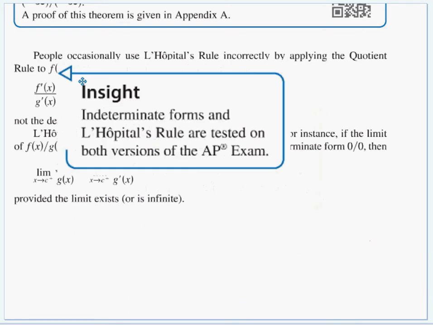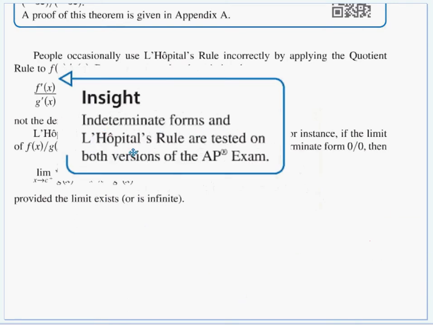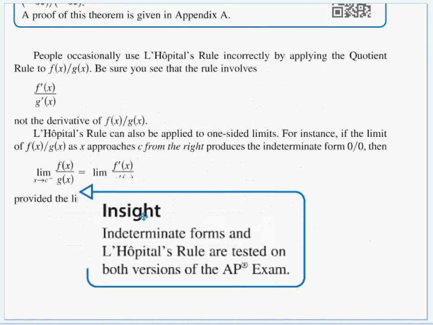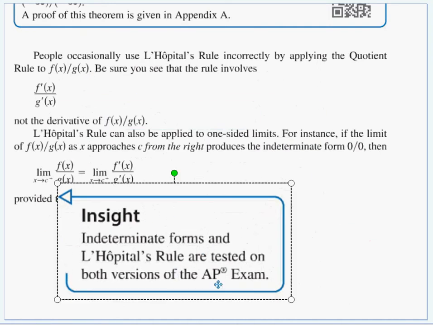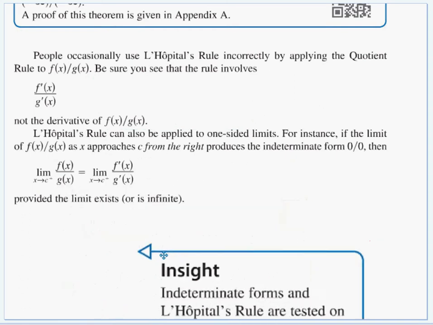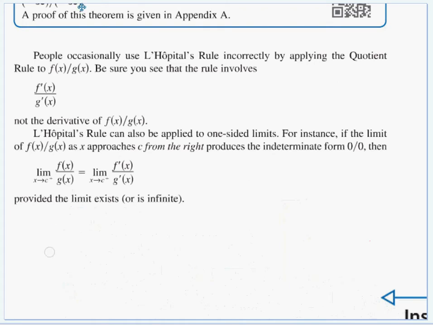Indeterminate forms and L'Hopital's Rule are tested on both versions. The year we got our new textbook with the AP angle on it, that was the first year, so here they are telling us that this is on both AB and BC exams.